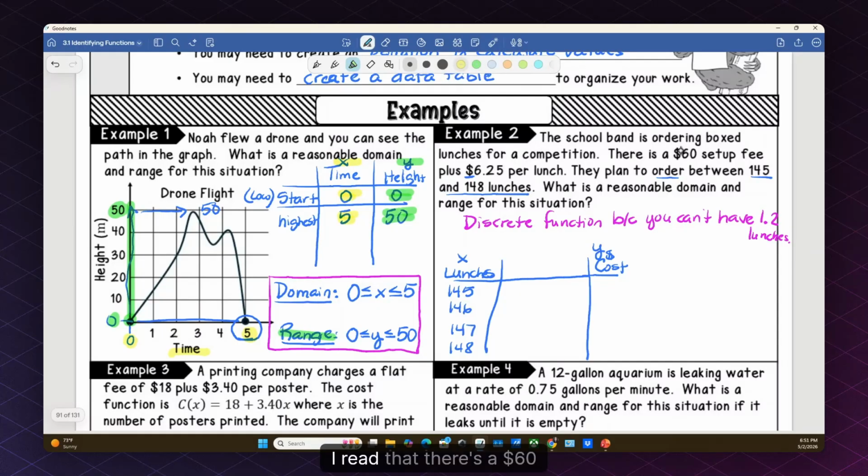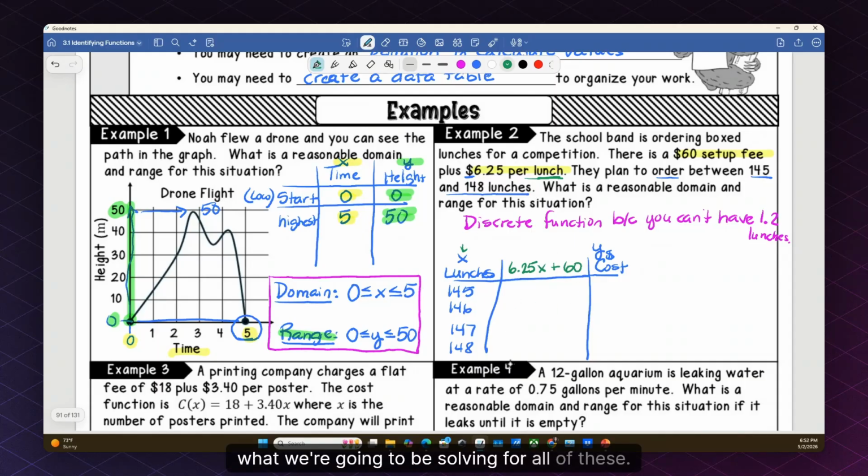So I read that there's a $60 setup fee and $6.25 per lunch. That's telling me that my equation is going to be $6.25 times the number of lunches. Well, lunches is X. So I'm going to put $6.25X, and there's a flat fee of $60. That's going to be what we're going to be solving for all of these.